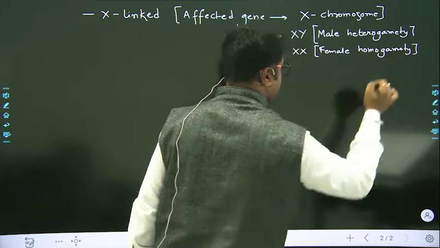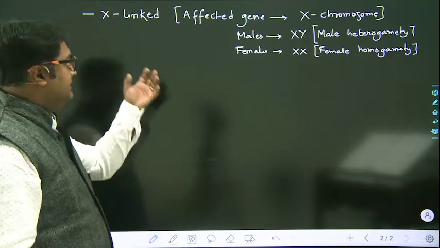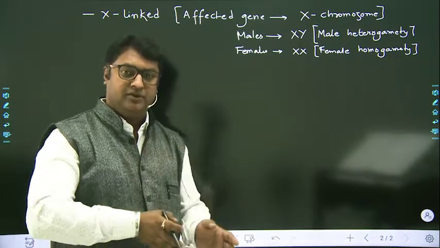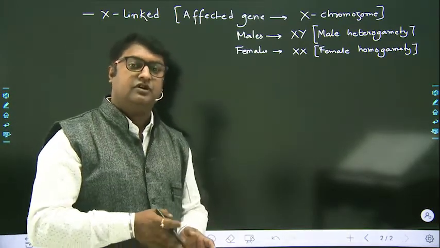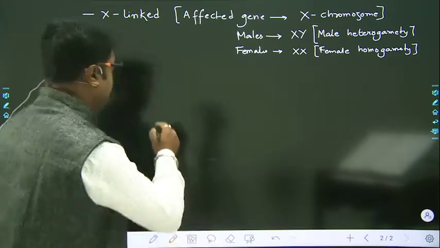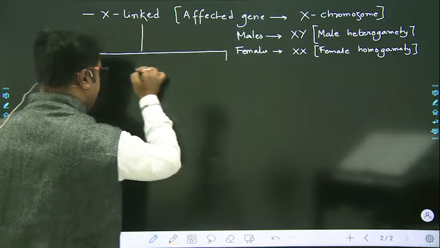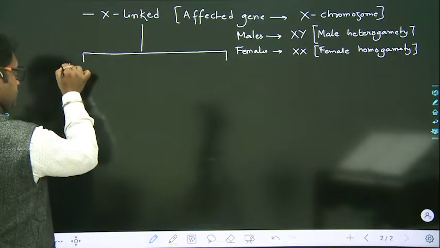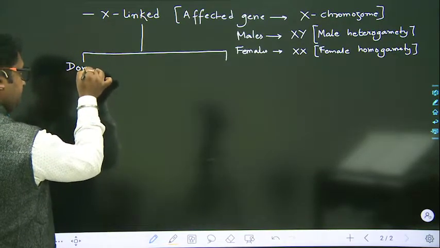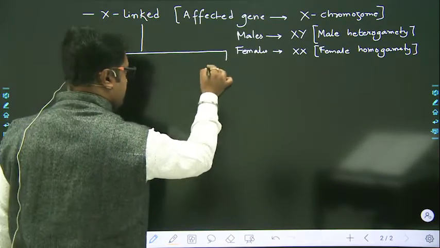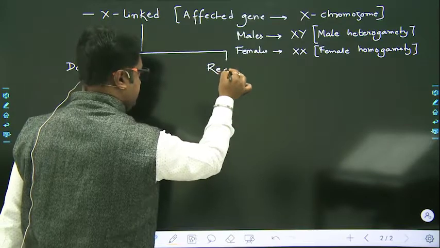We also know that X-linked can be either due to the presence of a dominant gene or due to a recessive gene. So we will be discussing both cases, either your dominant gene or your recessive gene.